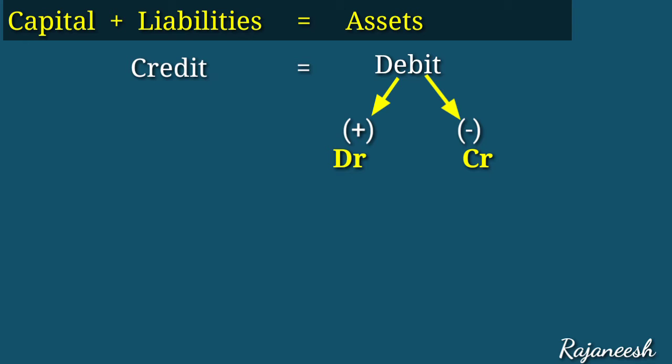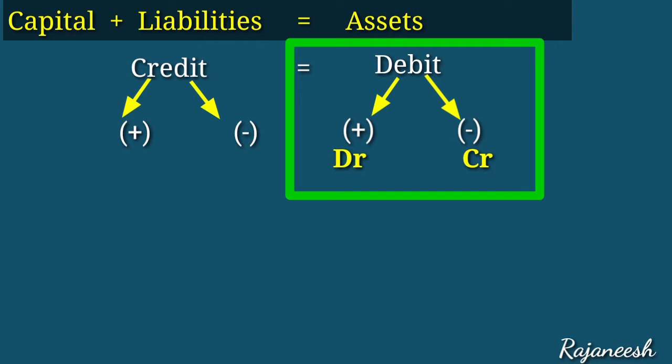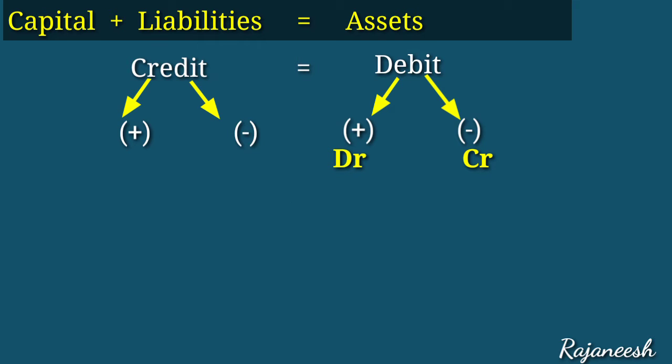And on this liability side, liabilities and capital have credit balance or credit nature. Same as assets, liabilities or capital also will increase or decrease. If credit nature is increasing, what will we do?